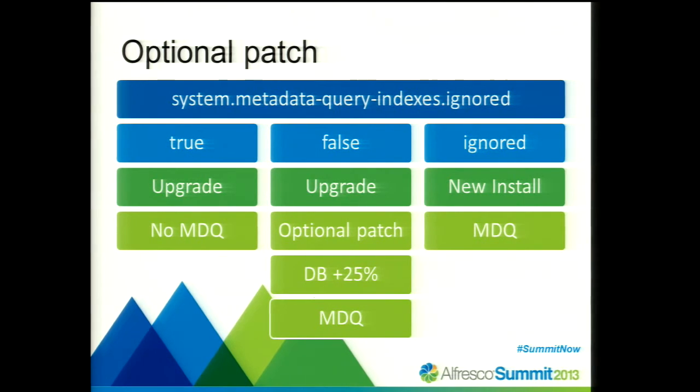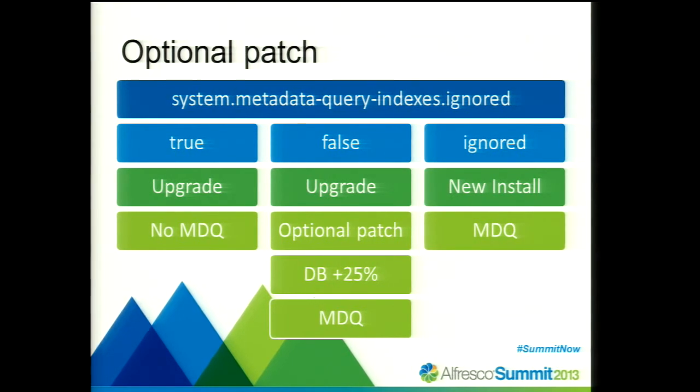The answer is maybe. If you're upgrading to 4.2, you will not get metadata query against the database unless you set an optional patch to run as part of your upgrade. You can do it after upgrading at any time. You can run the patch, and that effectively adds the indexes to the database to support metadata query.